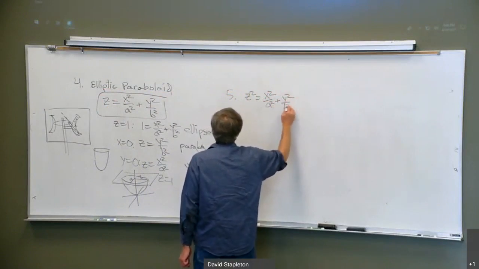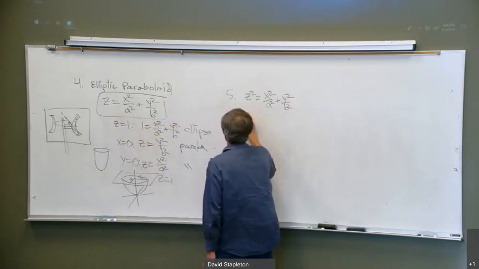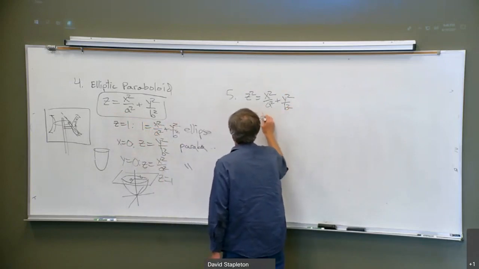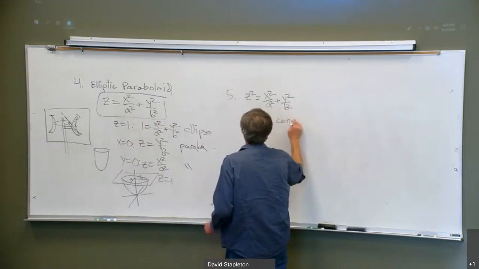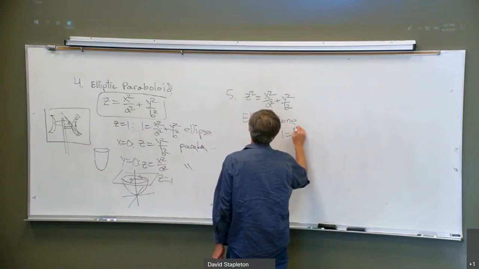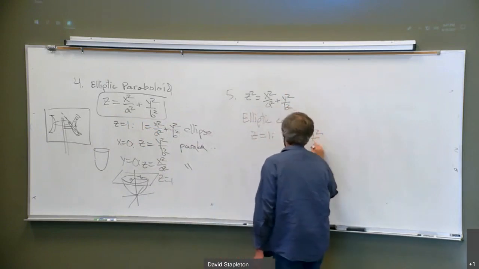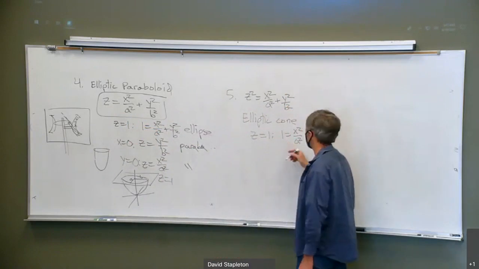If you just change z to z squared here, you get this one that's called an elliptic cone. If you put z equals a number, like z equals 1, you get x squared over a squared plus y squared over b squared, an ellipse. Put z equals 2, you get a bigger ellipse.